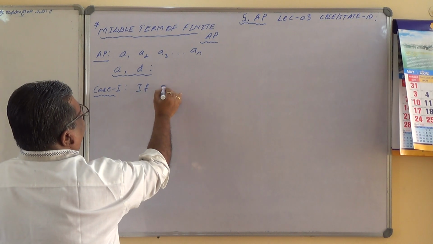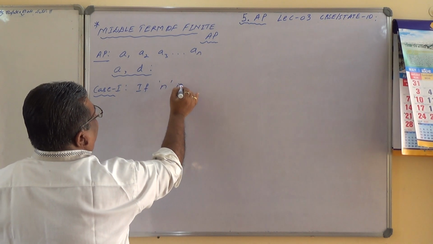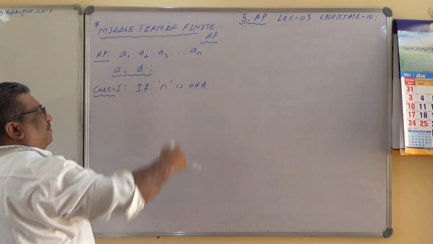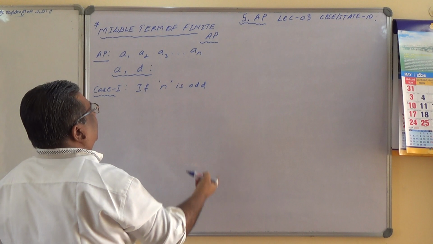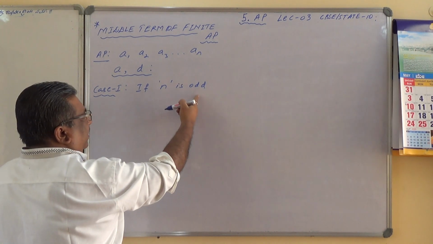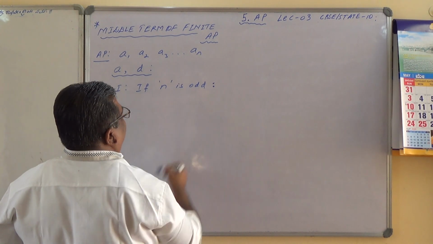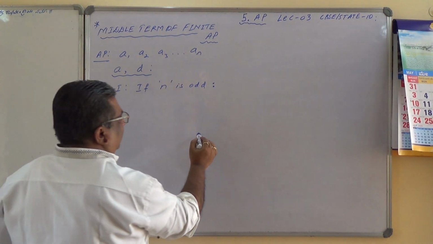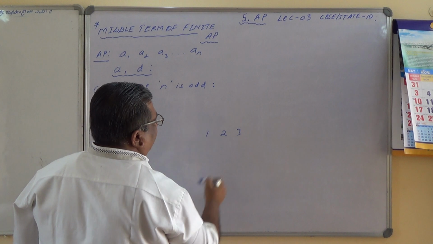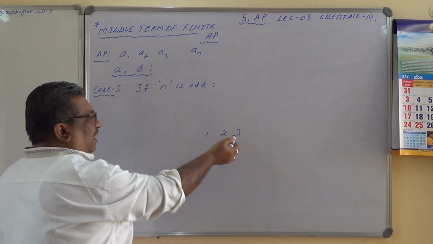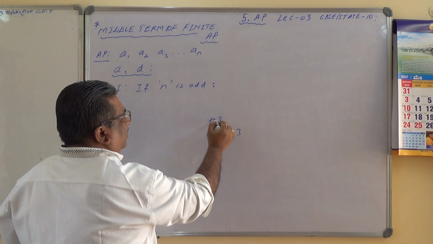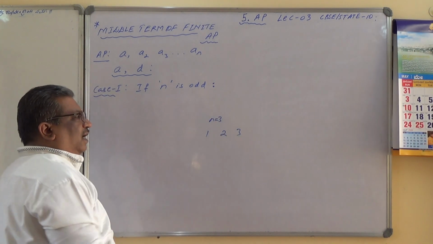if n is odd. Finite AP means you must know the last term and you must know the number of terms also. So if the number of terms is odd here, how do we calculate the middle term? So if n is odd, say for example 1, 2, 3, all these are in AP, 1, 2, 3, and how many observations? 3 observations, n equals odd, and how do you obtain the middle term?